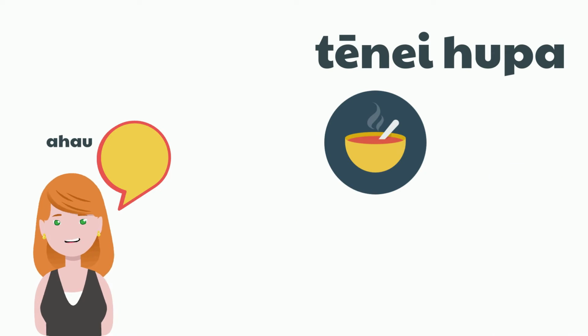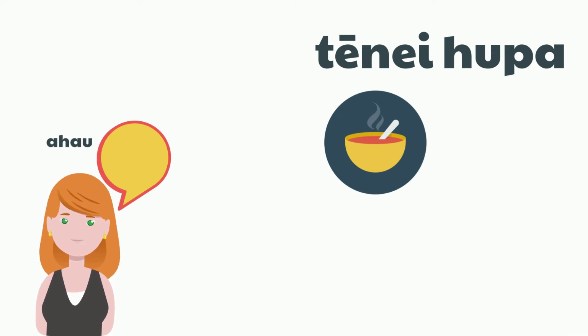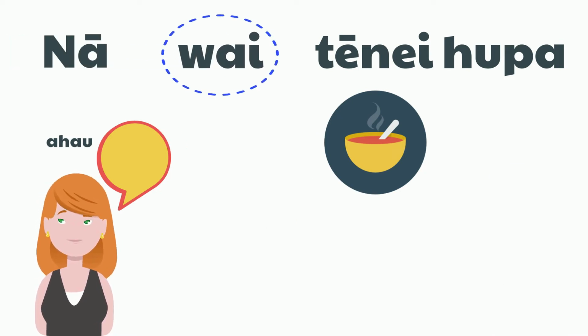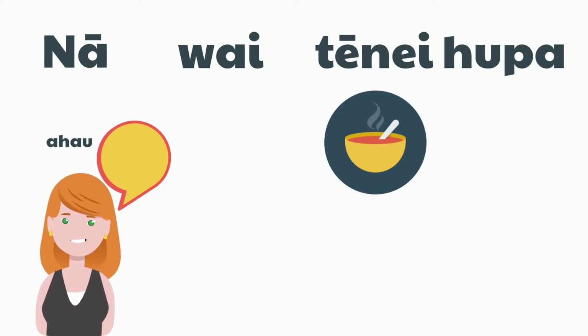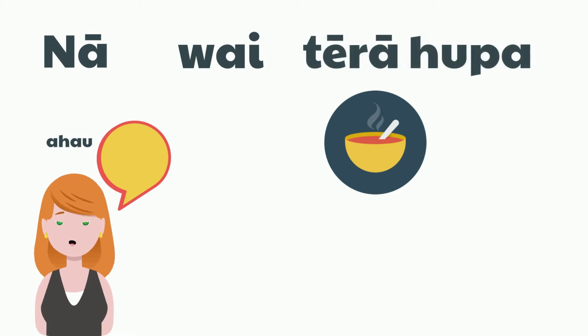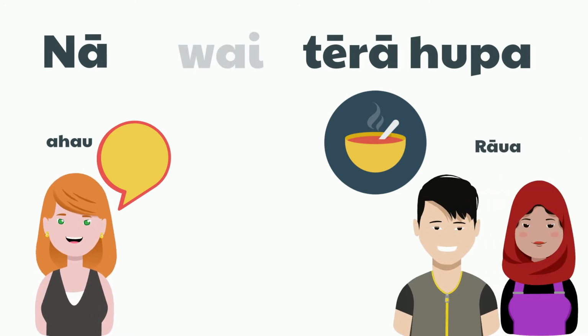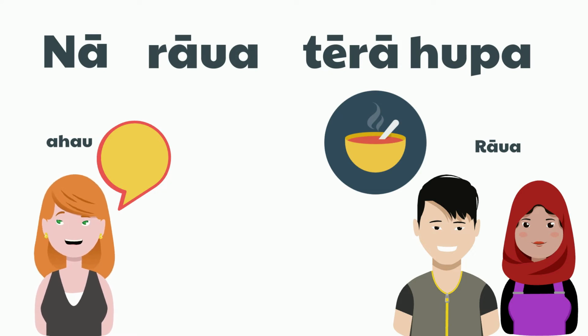If the owner is someone else, we simply replace the word wai with the owner. For example, nā wai tērā hupa. Who does that soup belong to? Nā raua tērā hupa.